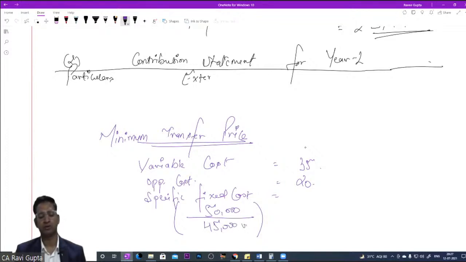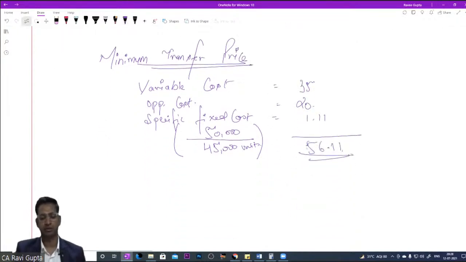For 45,000 units, we have incurred 50,000 rupees cost. So it will be 1.11 rupees. So it's coming here 35 plus 20, 55, and it will be 56.11 will be your minimum transfer price.